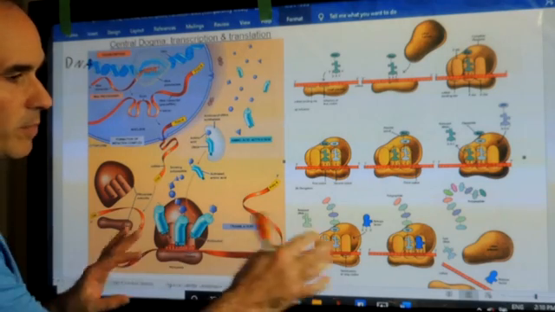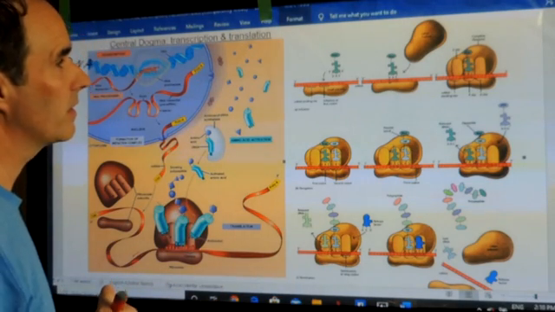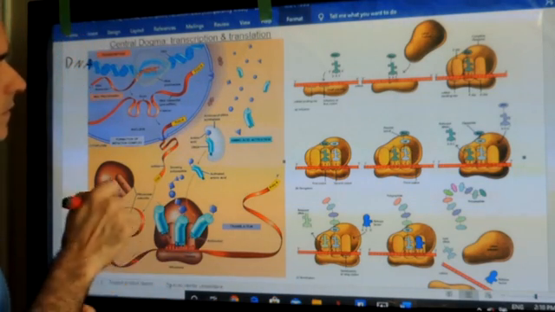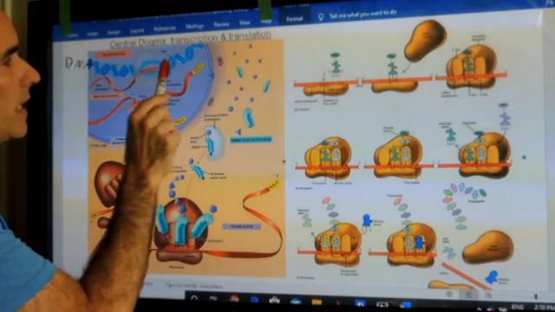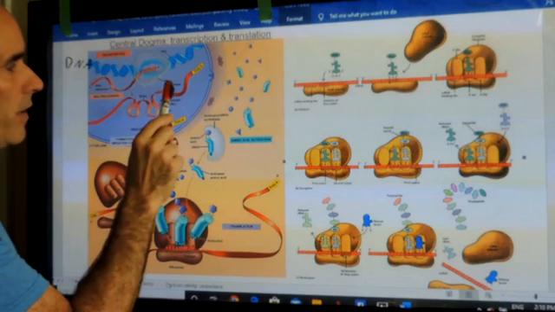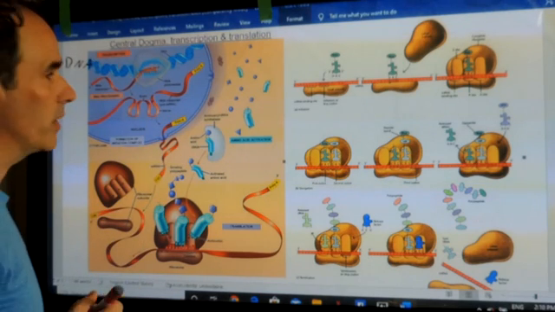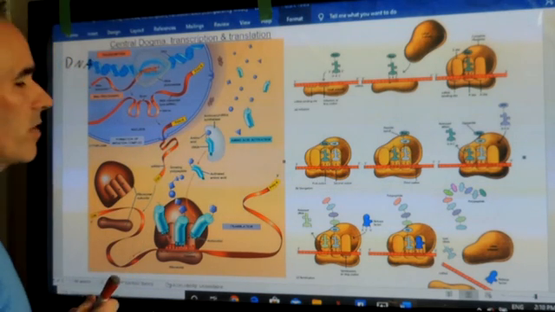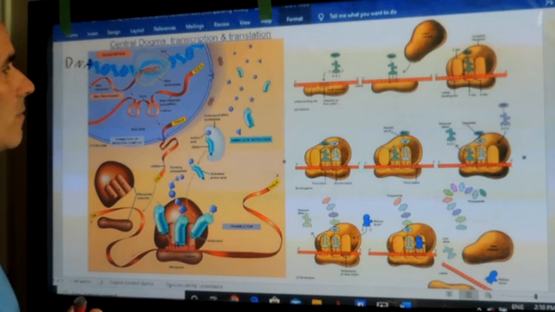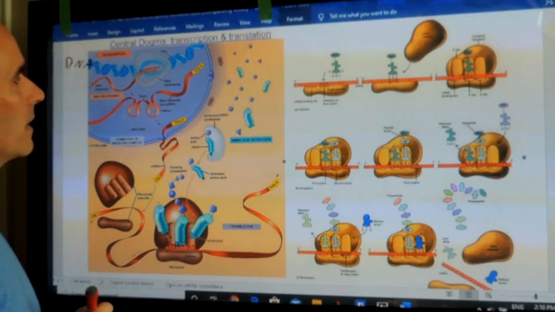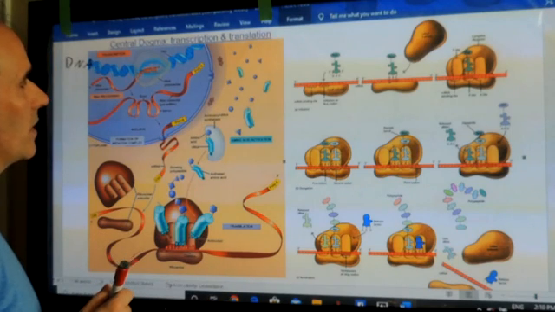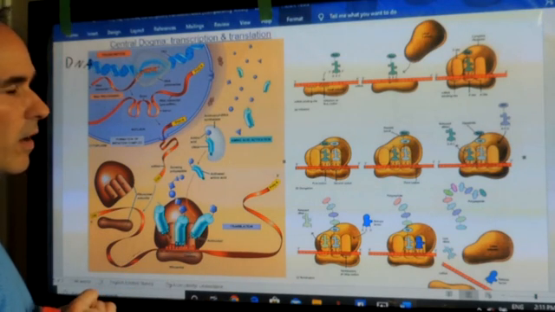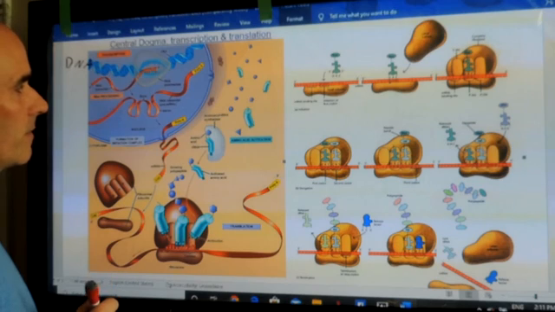And I've got a sheet of plastic over top so I can draw right on it, and we'll see what we can do. So remember, with the central dogma, we have DNA. An RNA polymerase joins on at the promoter, and it copies the one gene into messenger RNA using just RNA nucleotides.